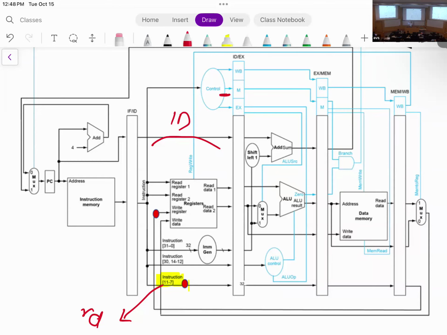Whether or not I should write to the register, the control signal for that is also created in the ID. But the actual act of writing happens in the write back stage. That's why I'm passing this through the pipeline. Now it goes to the execution stage, now the memory stage, and now this value, which is in the write back stage, is the value that is connected to this write register and write data.